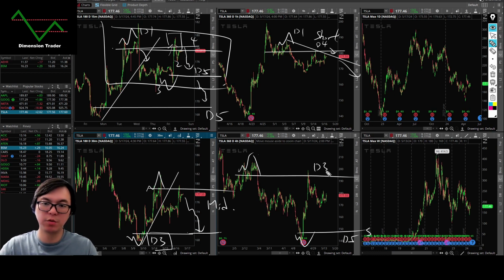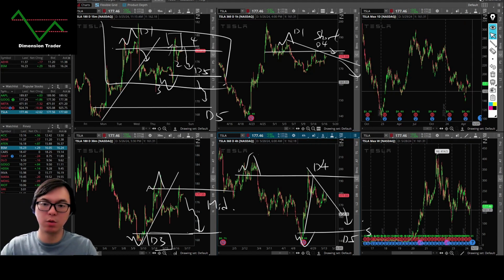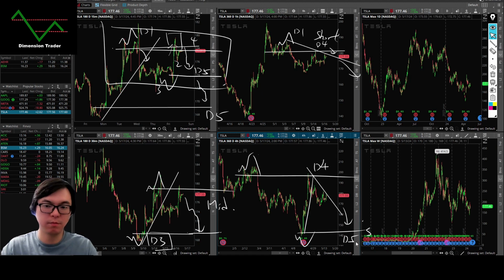As we have the dimension 3, and as we have the dimension 4 rejection already with a trend line break, this is heading to the dimension 5 along with the trend line holding. So for Tesla, we are expecting some short all the way to the 150 zone.